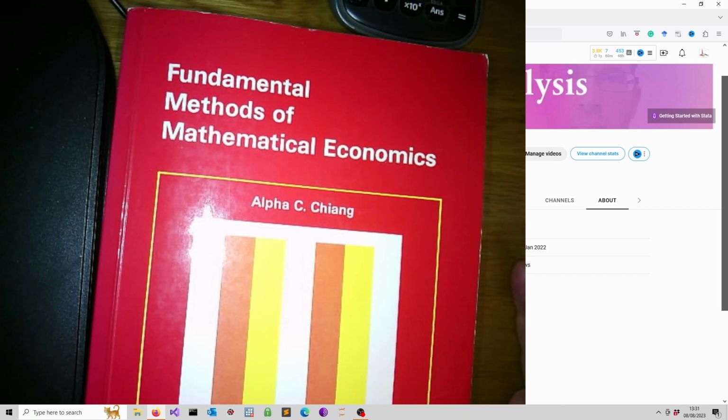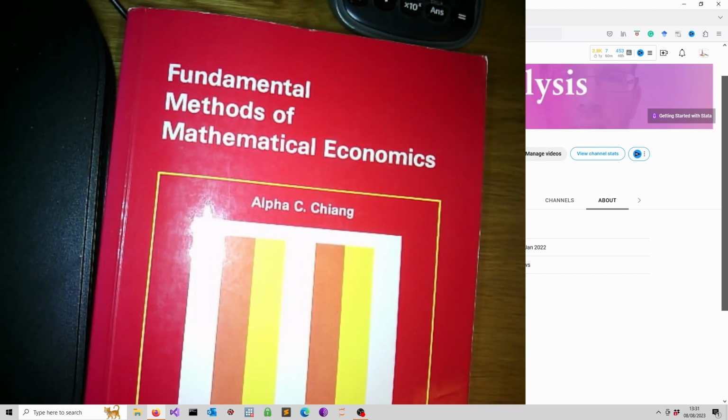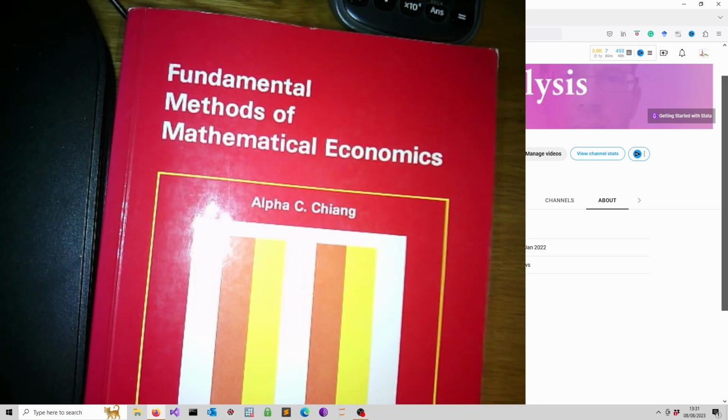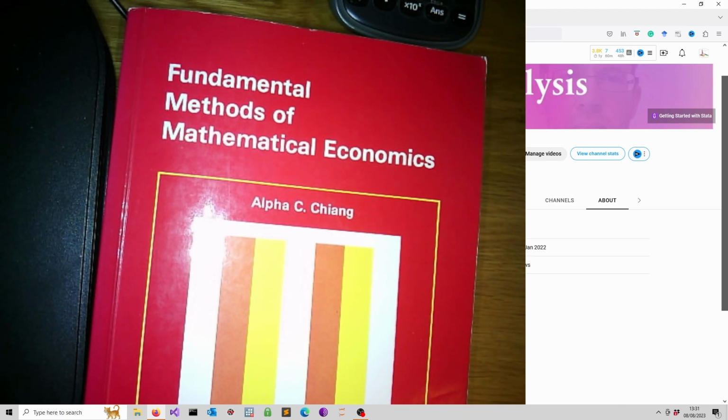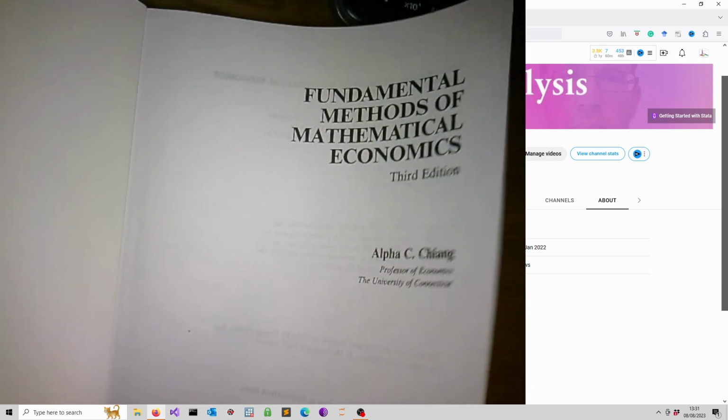It is quite a substantial read with more than 700 pages, lots of exercises and a few selected solutions. I believe it covers all the essential topics in applied mathematics needed to study economic problems as an undergraduate and postgraduate student. Let's have a look inside.